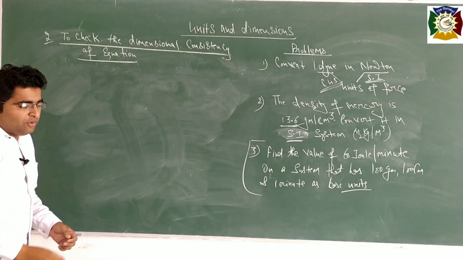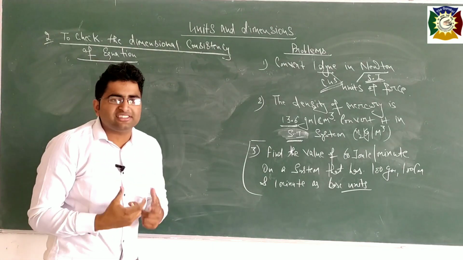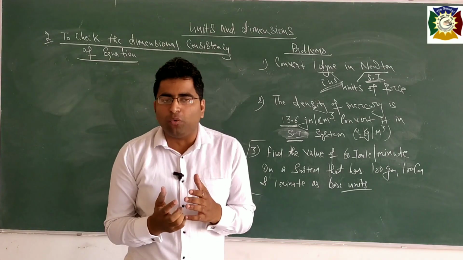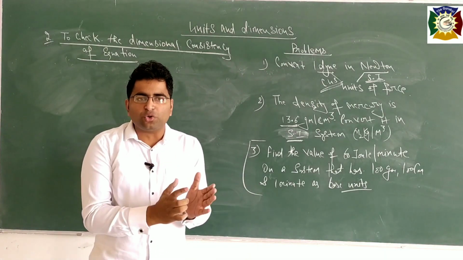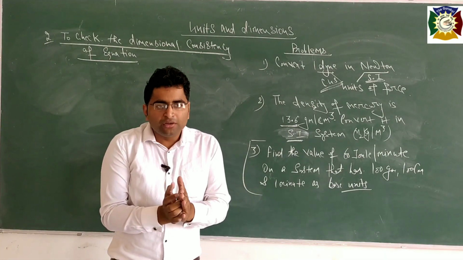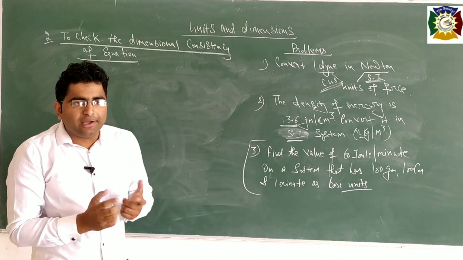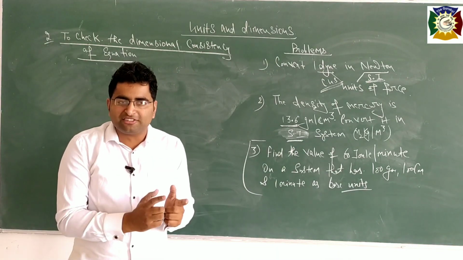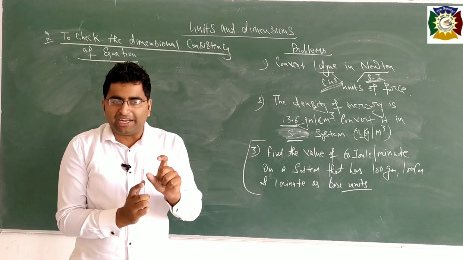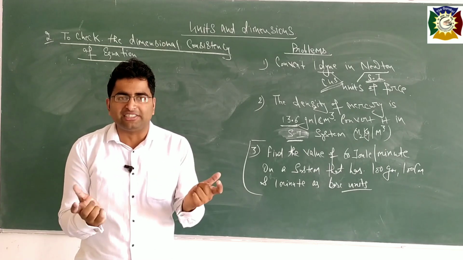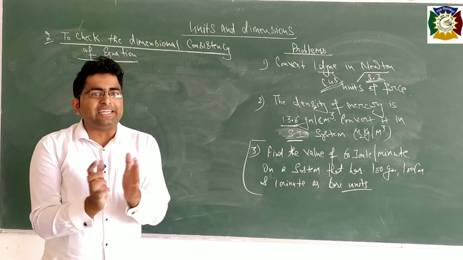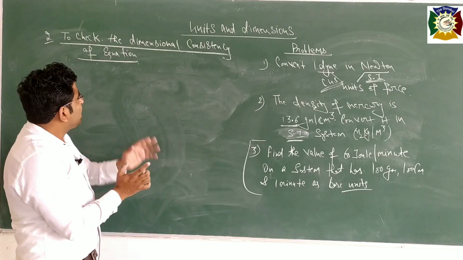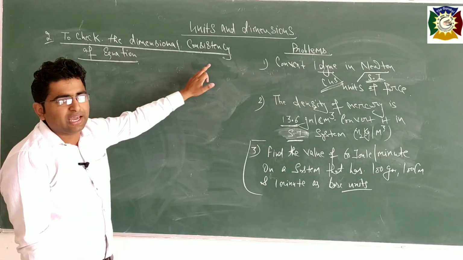Okay. With the help of dimensional analysis, you can check whether the equation is dimensionally correct or incorrect. Clear? So, in this an equation will be given to us, we have to take the dimensions on the left side and right side. If both dimensions are equal, then we will say that the equation is dimensionally correct.